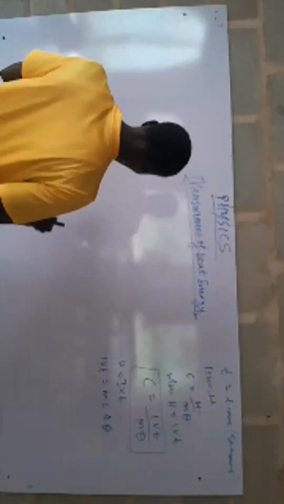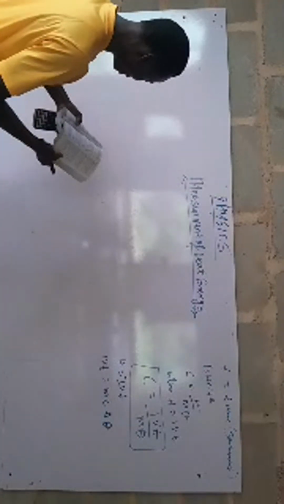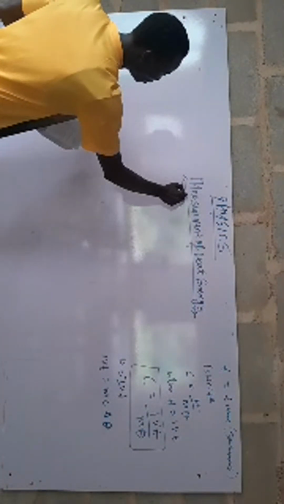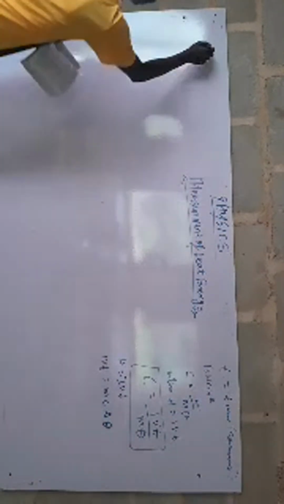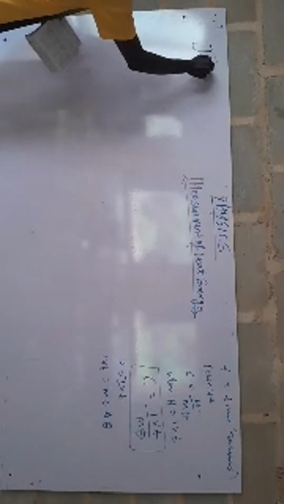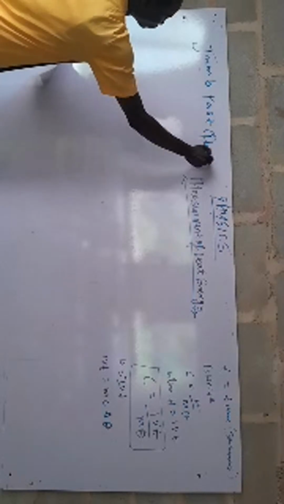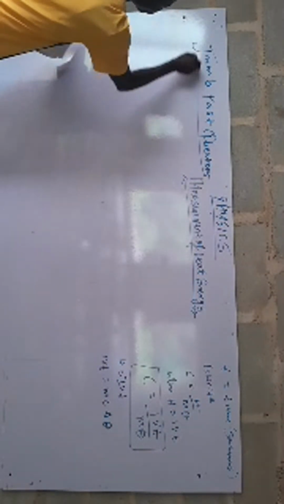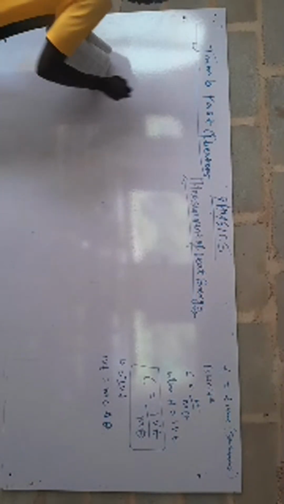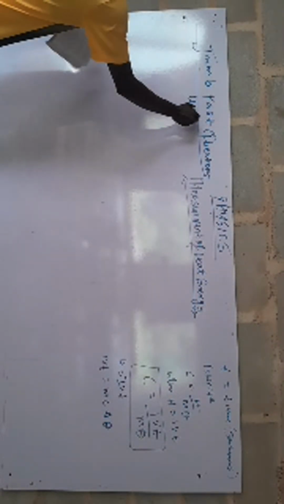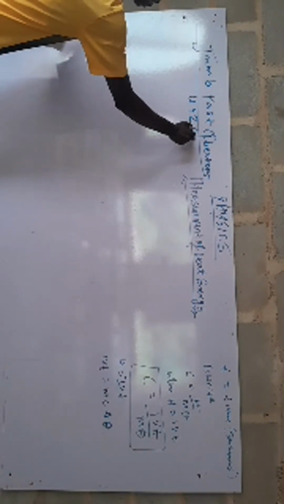So let me start from this side to make it easier. I've been taking your JAMB past questions. Let's start from 1992, question 17.